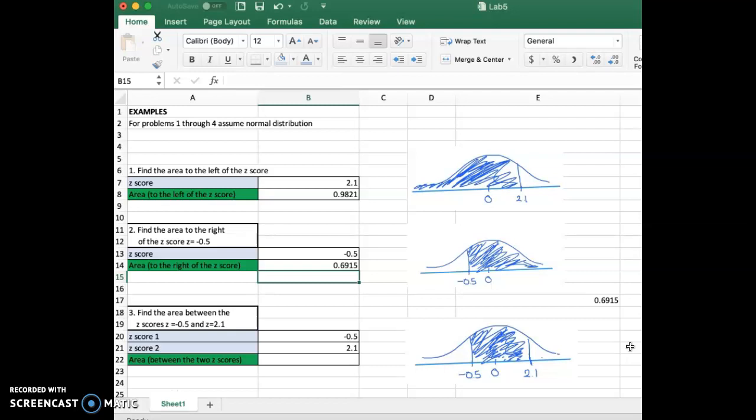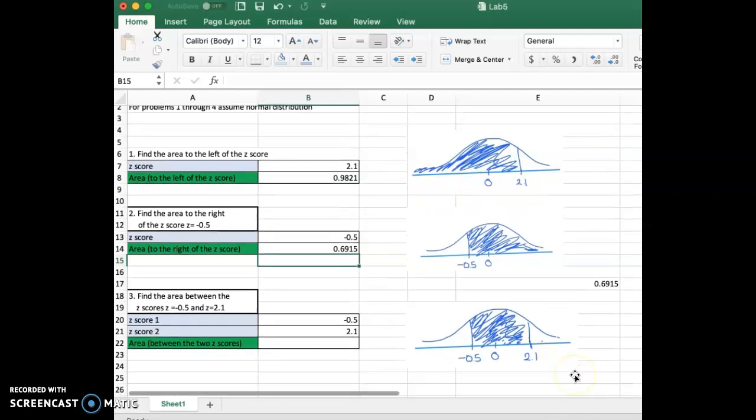For our third example, we would like to find the area between the z-scores negative 0.5 and 2.1. How am I going to be able to find the area between these two z-scores on the picture? All I need to do is find the area to the left of 2.1, which I already know.